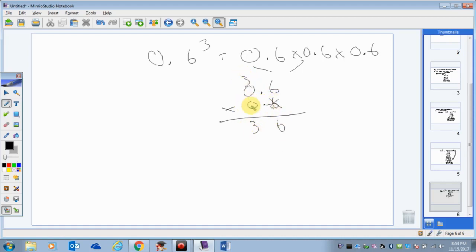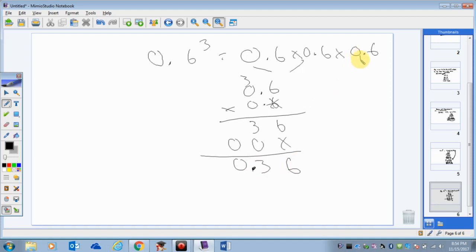Done with that part, move to this, 0 times 6, so mark that place out, 0 times 6 is 0, 0 times 0 is 0. So I end up with 6, 3, 0. I have 2 places behind the decimal, so that's how many I'll have in the answer. So the 0.6 times 0.6 gives me 0.36.